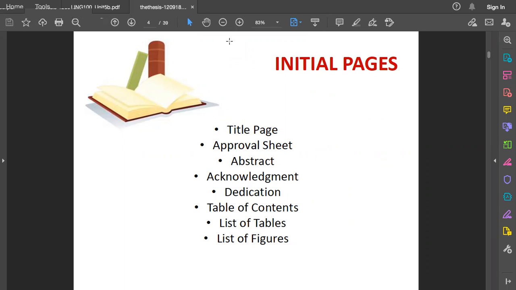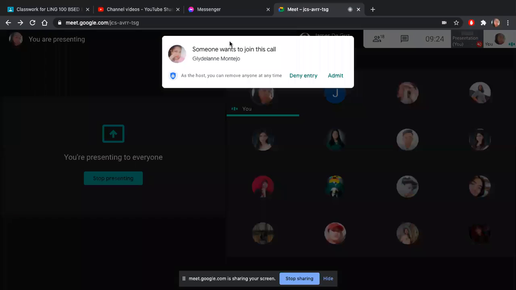Per institution, or somehow, if the institutions shared the same pattern or format, but that's not really happening usually. It follows the format provided in their research manual.